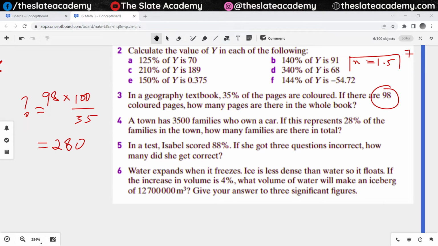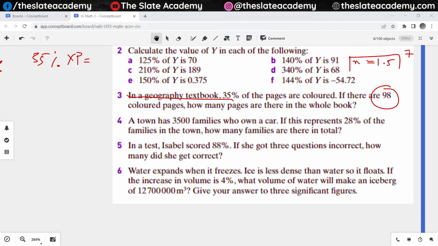So what we have over here in the geography textbook, 35% of the pages are colored. There are 98 colored pages. So if colored pages, I call them C, and the total number of pages I call them P, I say 35% into P is equal to 98.